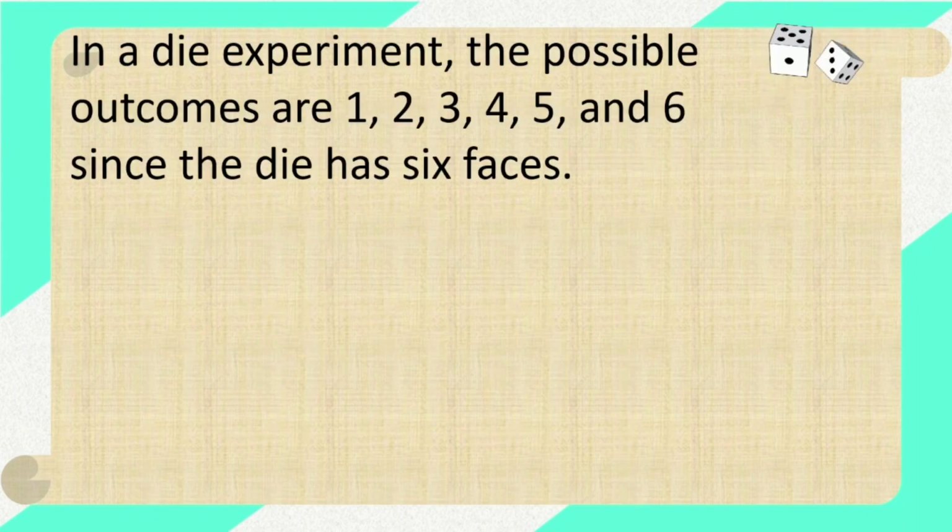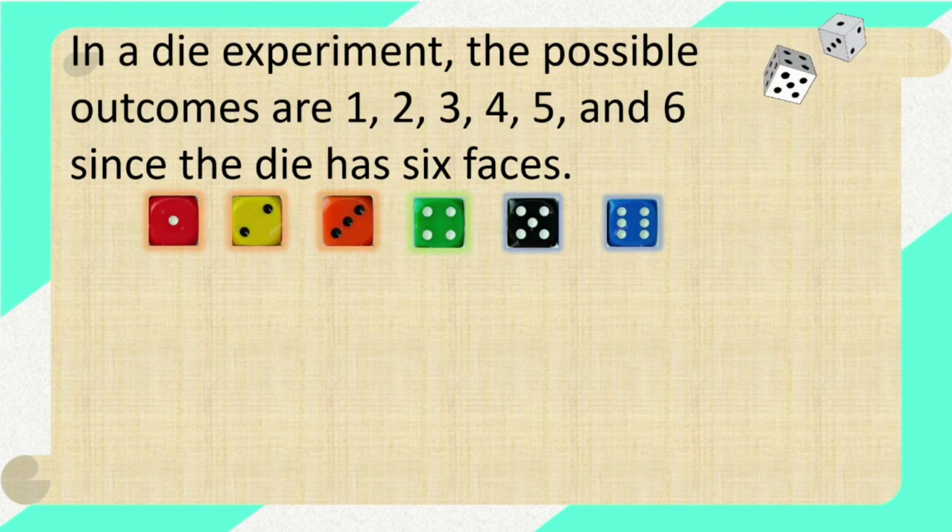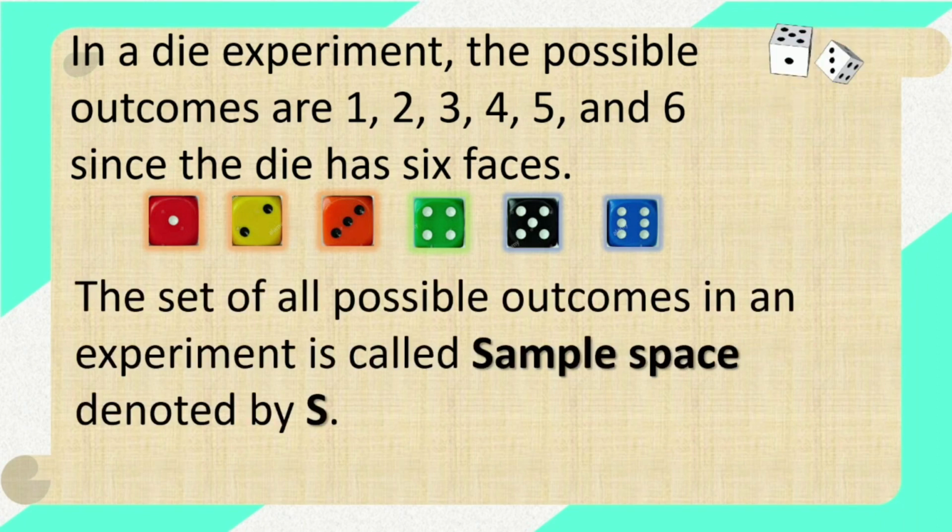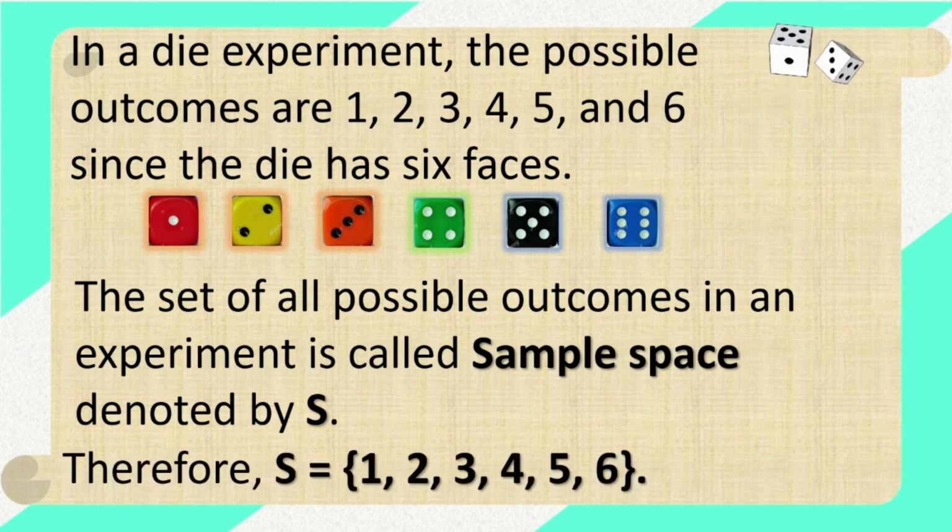In a die experiment, the possible outcomes are 1, 2, 3, 4, 5, and 6, since the die has 6 faces. The set of all possible outcomes in an experiment is called the sample space, denoted by S. Therefore, the set S has the elements 1, 2, 3, 4, 5, and 6.